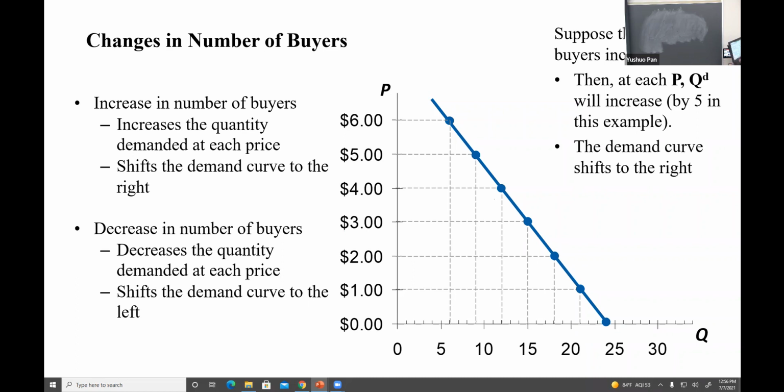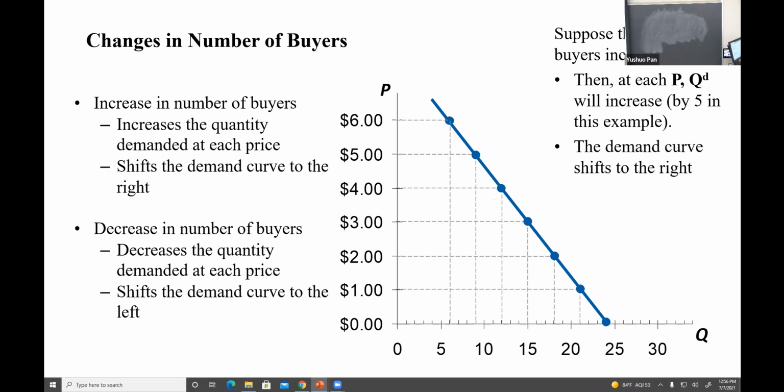So when we talk about market, the curve should be the outside or the right-hand side compared with Sophia's or a specific person's demand curve. A decrease in the number of buyers decreases the quantity demanded at each price. Shift the demand curve to the left.